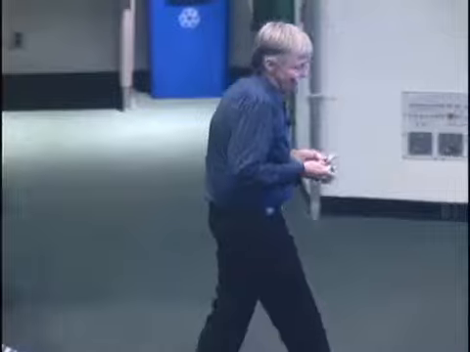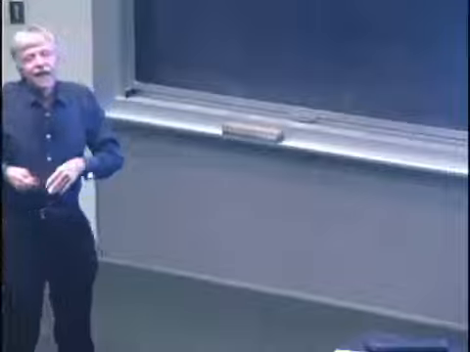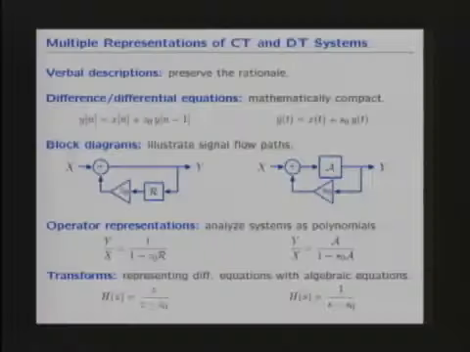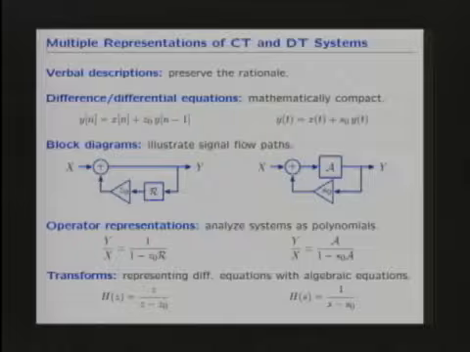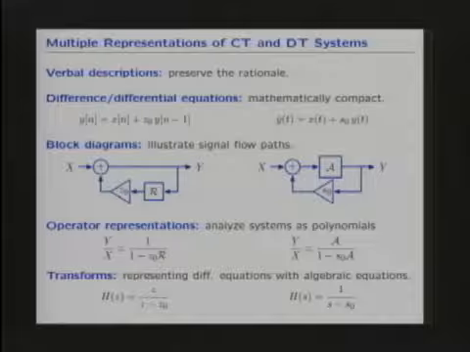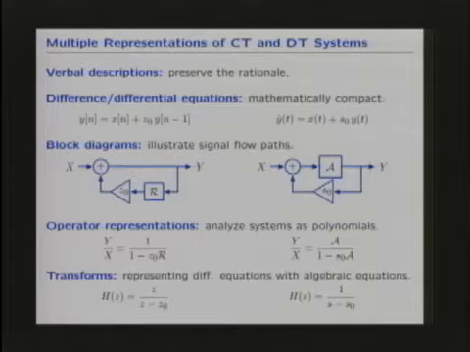Okay, then for today. So far, since the beginning of the term, we've thought about a number of different kinds of representations for both DT systems, discrete time, and CT systems, continuous time systems. And we saw that we were interested in that large number of representations because each of them had some particular aspect that made it particularly convenient sometimes.